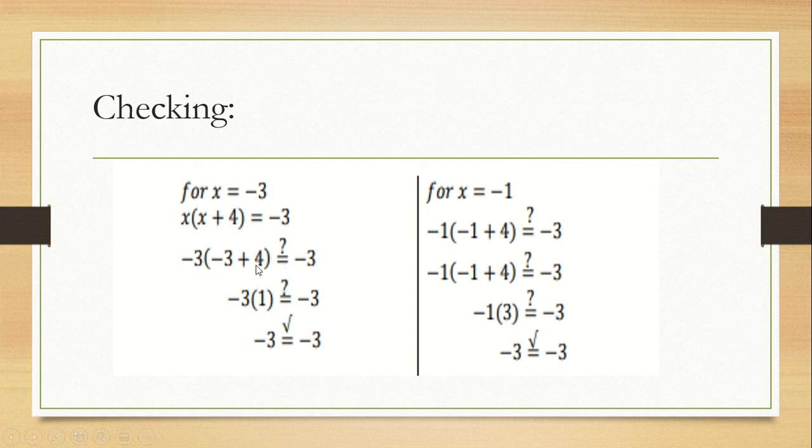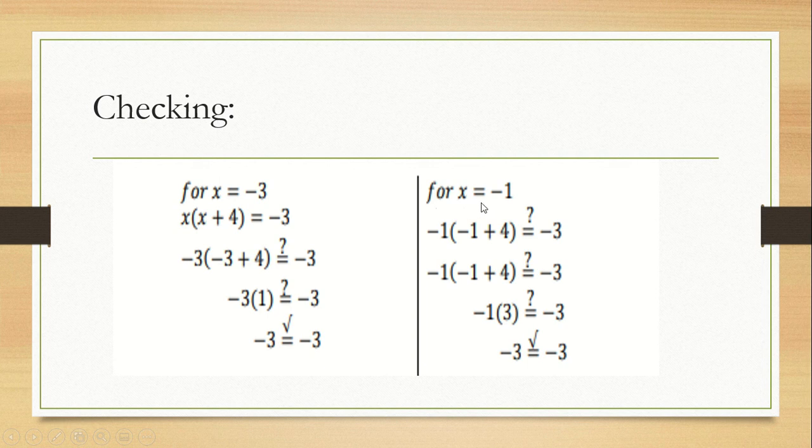Now, to simplify this, we have negative 3 times 1, because negative 3 plus positive 4 is positive 1, equals negative 3. Therefore, we have negative 3 equals negative 3, which means our first solution is correct.